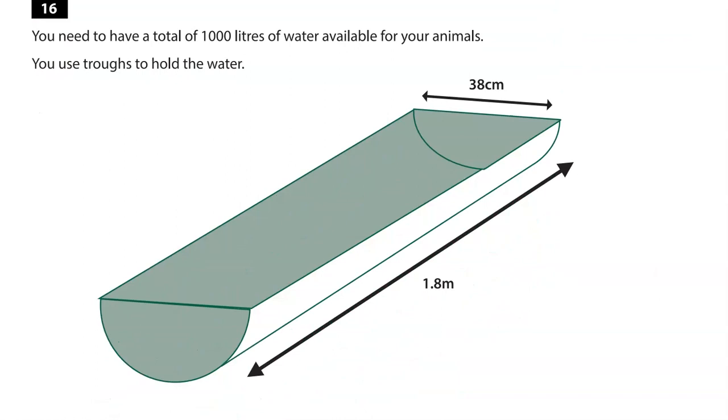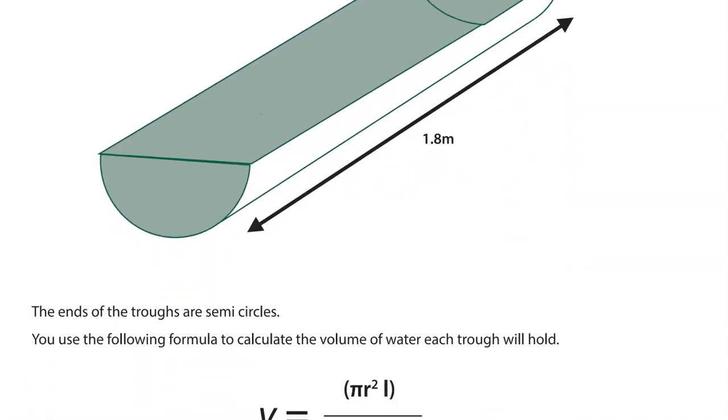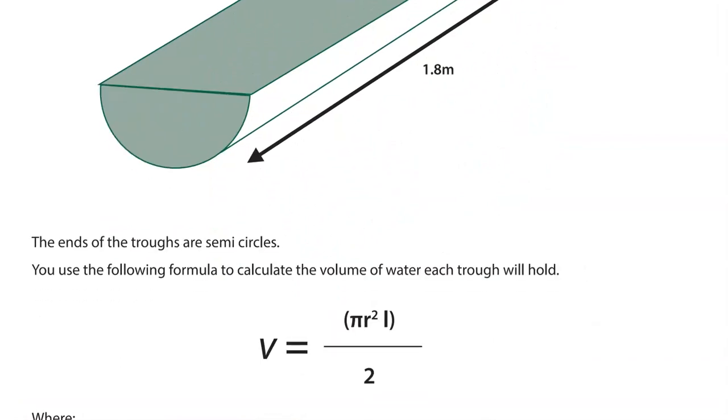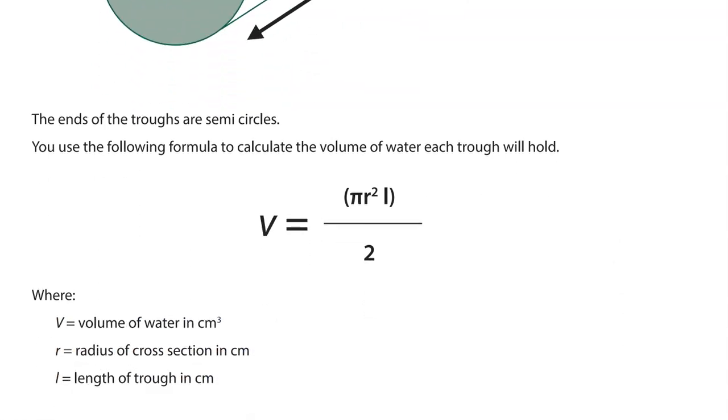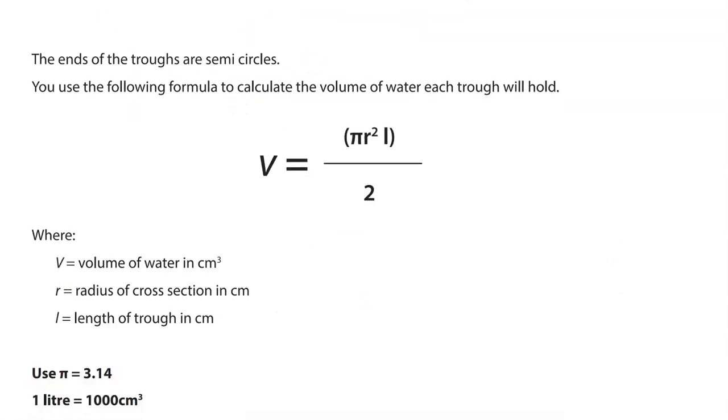You need to have a total of 1,000 litres of water available for your animals. You use troughs to hold the water. The ends of the troughs are semicircles. You use the following formula to calculate the volume of water each trough will hold. So we've got V equals pi r squared times L, all divided by 2, where V is the volume of water in cubic centimeters, R is the radius of cross section in centimeters, L is length of trough in centimeters.